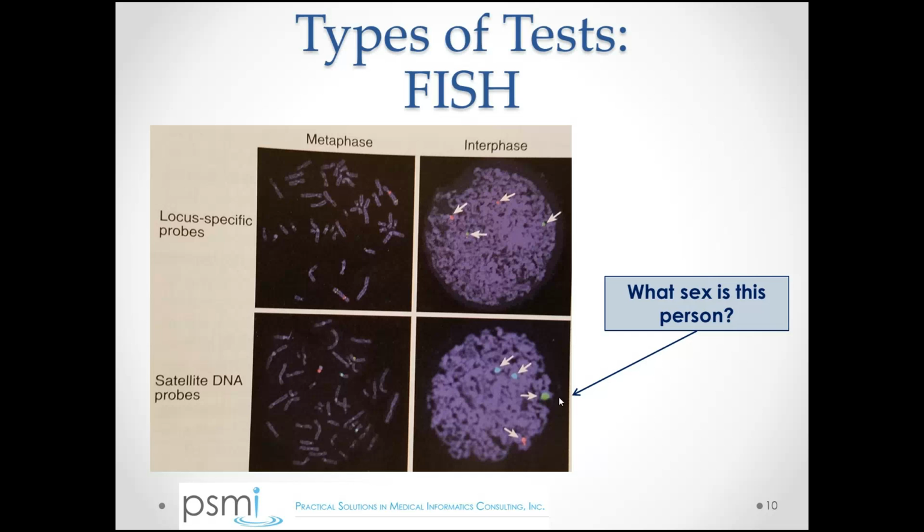Down here on the bottom, the blue probe is for chromosome 18 centromere. The green probe is for the chromosome X centromere, and the red probe is for the chromosome Y centromere. Okay. So who can tell me what sex this person is?